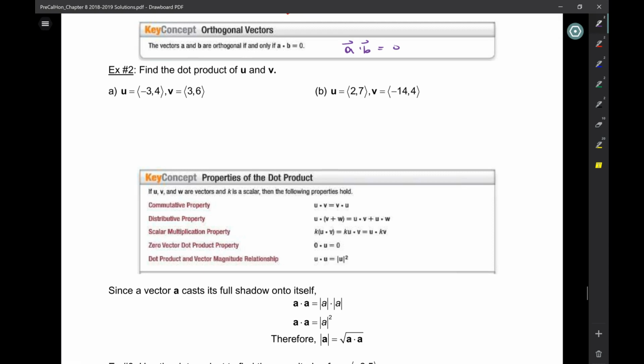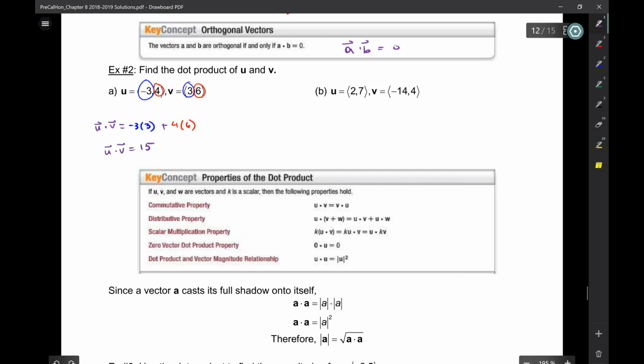Okay, so let's do A dot B here. This is very, very straightforward. We're going to find the dot product of U and V. We do U dot V equals this times this, negative 3 times 3, plus 4 times 6. And you just get a number, in this case 15.